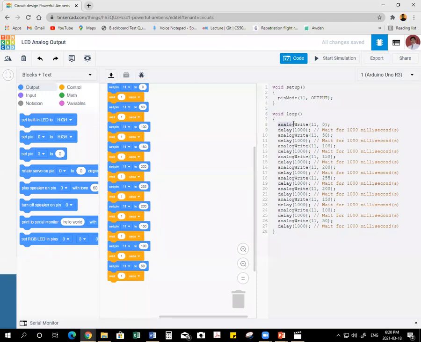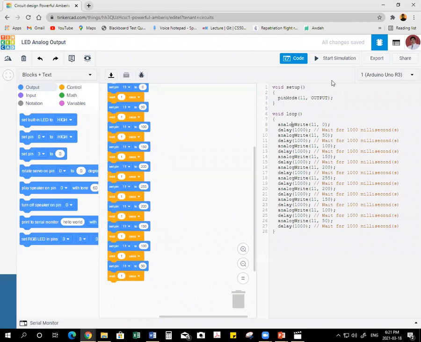Now it is analogWrite here. Now 0, 50, 100, 150, 200, 255, 200, again down to 150, 100, 50. This loop will be continuous. For every statement, we have a delay of 1 second. You can increase or decrease the delay, up to you.